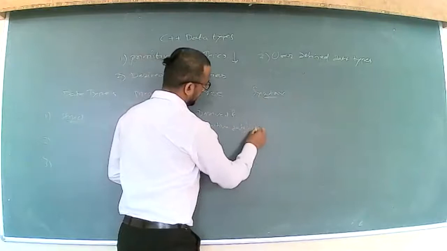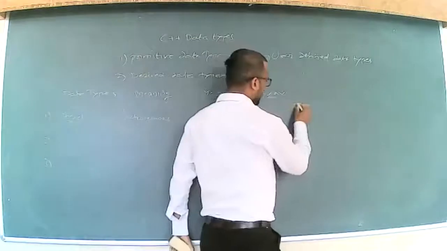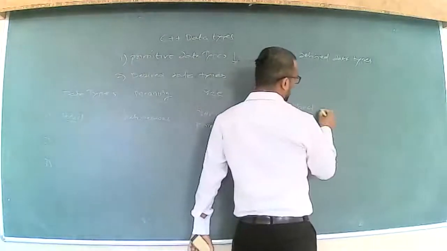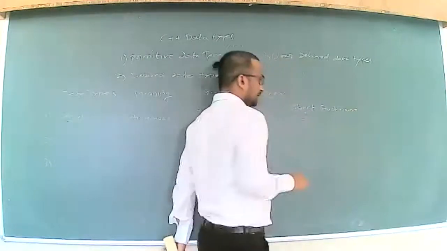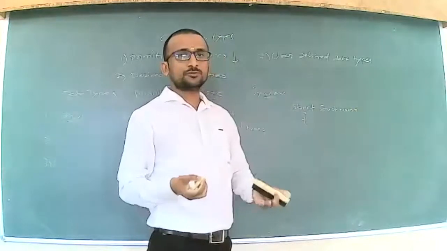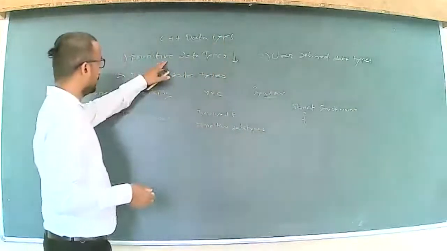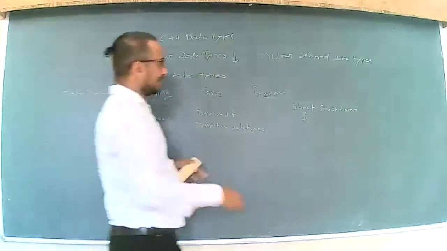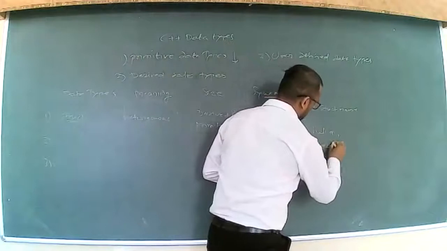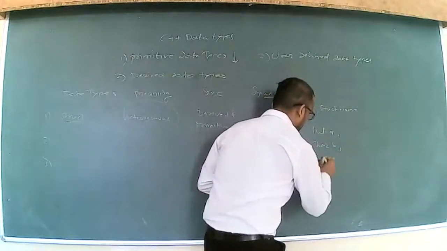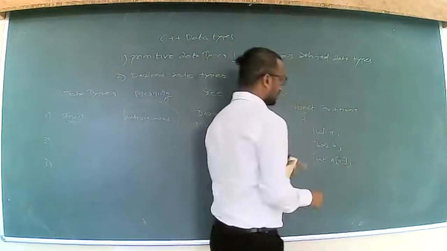Right? The syntax of structure that we are having is struct, your structure name. Okay. Opening braces. In that you are going to declare different types of primitive and derived data, right? Just like integer b, character b, integer array of 5, right?